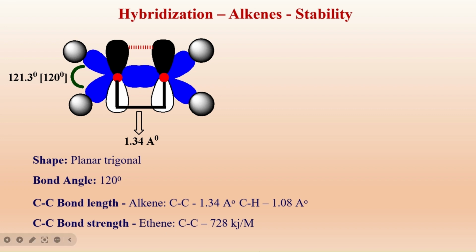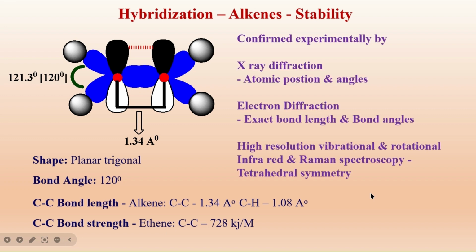It has been found to be 728 kilojoules per mole, and these facts were confirmed by X-ray diffraction studies, electron diffraction studies, and high-resolution vibrational and rotational infrared and Raman spectroscopic studies.